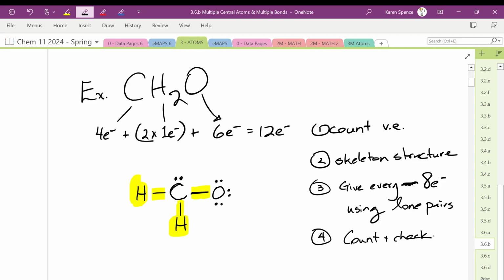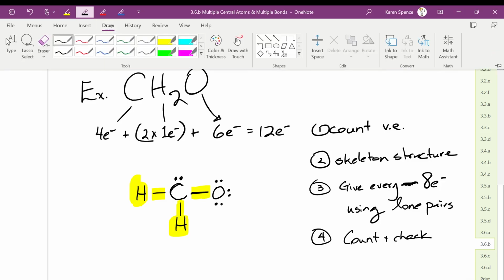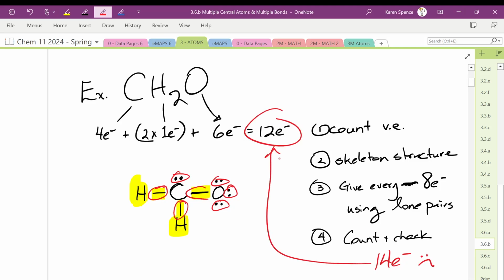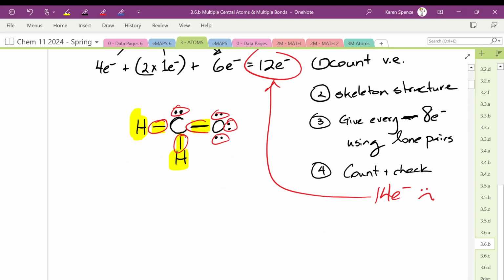So please count up the number of electrons in this structure and tell your partner what you get. 2, 4, 6, 8, 10, 12, 14. Oh no, that is not the same. So here's the deal. If we have 1 pair too many, yes?